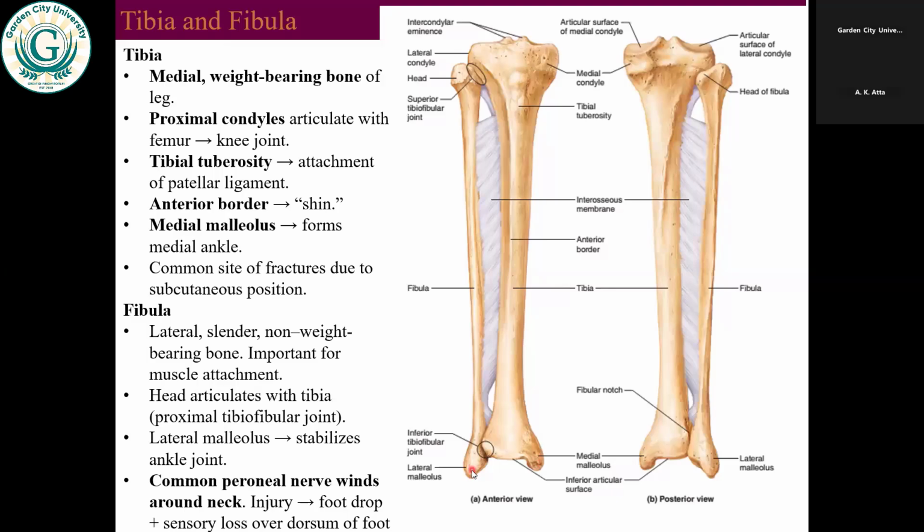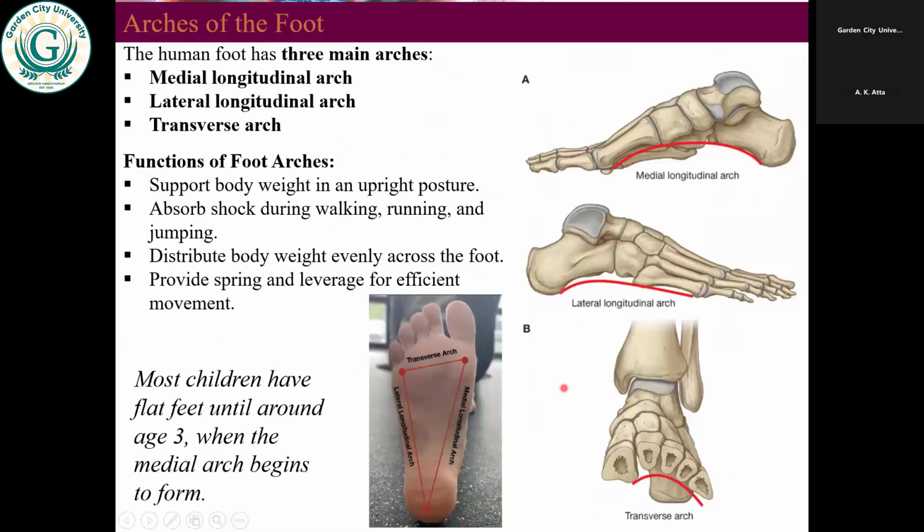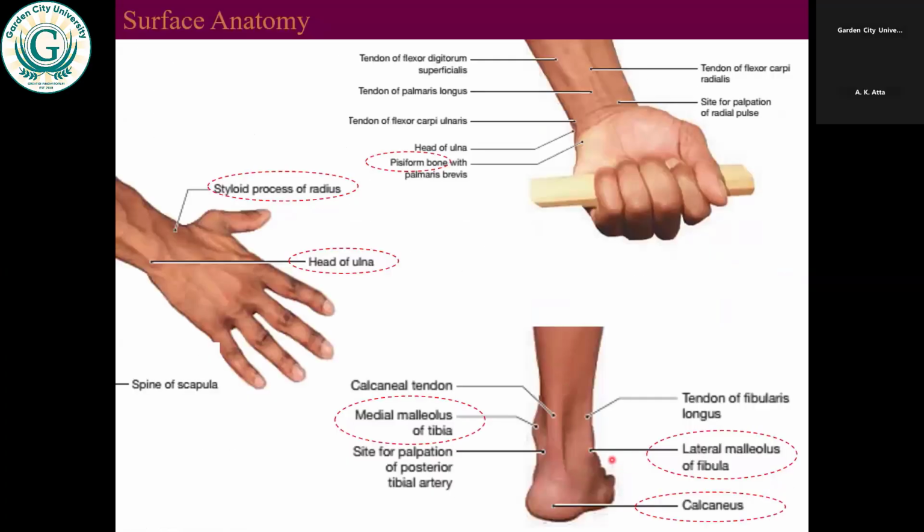The fibula is lateral, it has the lateral malleolus. If you look at this, this is the medial malleolus, and this is the lateral malleolus. Okay, so this is showing the surface anatomy.